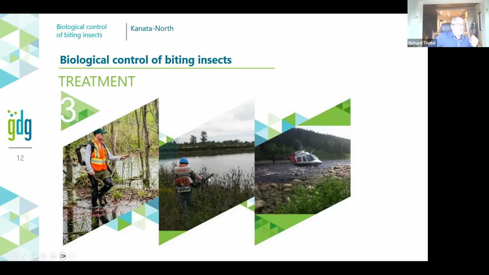We use it with a blower, which projects the little granules on which there is BTI. And for large areas, we use aerial treatment. For this example, it's a helicopter, but we also have drones for smaller patches of treatment.